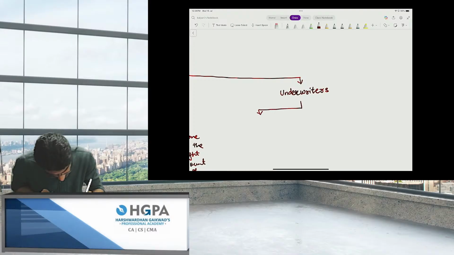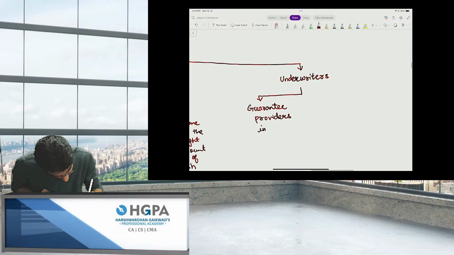Number one, they are like guarantee providers in an IPO.